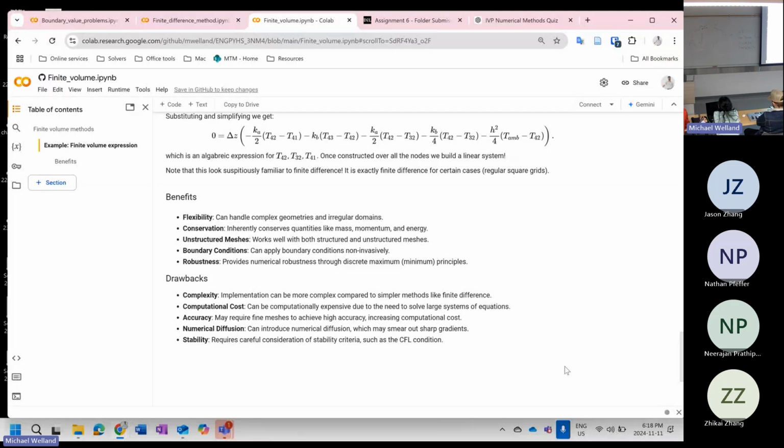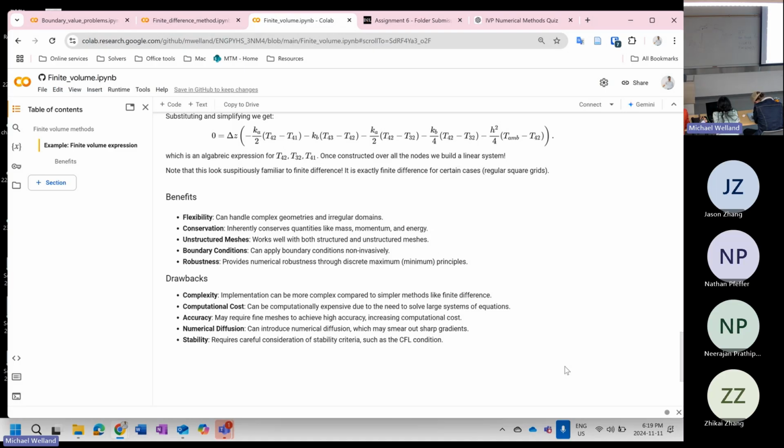Okay. They're a lot more flexible. They handle the conservation inherently, which is a really big part of it. Unstructured methods, boundary conditions work real well, especially when you have even differing boundary conditions. Heat flux depending on your position, no problem. And it's very robust. They are more complex. They don't have as nice structure to them, partly because of the unstructured grid. Computational cost is the same with everything.